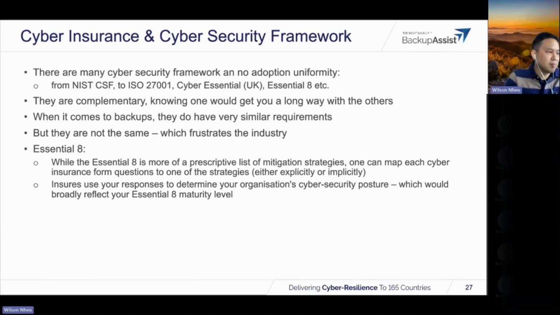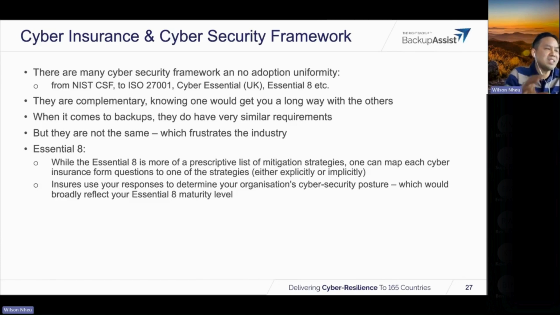And the other point to note is the insurers do use your response to determine your organization's cybersecurity posture, which would broadly reflect your Essential 8 maturity level.